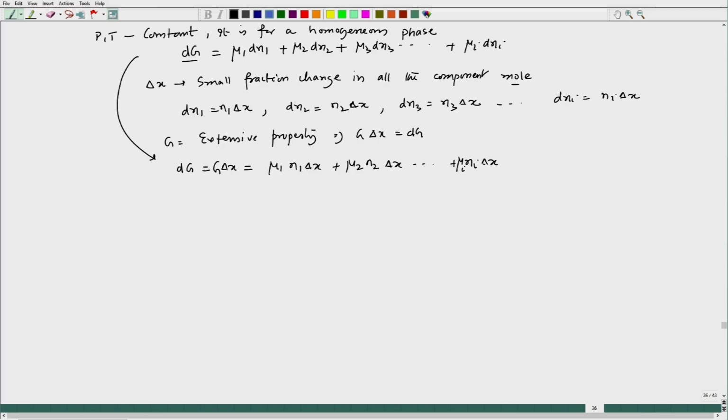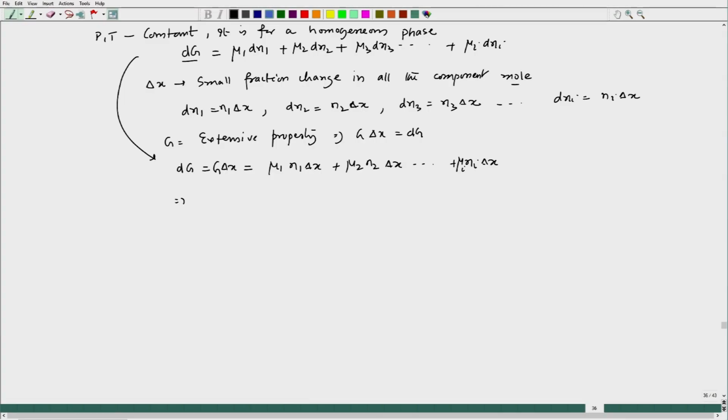If it is subtractive, it should be subtractive. Okay. So, then I can write this one as G equal to mu 1 n 1 plus mu 2 n 2 plus mu i n i, and this is for a particular phase, pressure and temperature constant. So, this will be also for a particular phase, homogeneous phase.